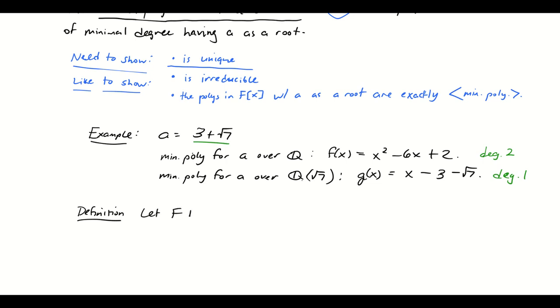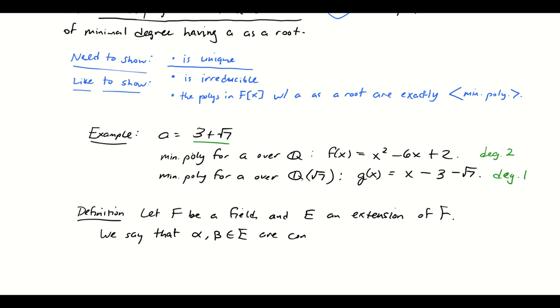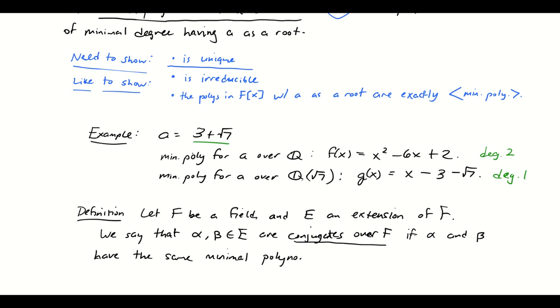So let F be a field and E an extension of F. We say that alpha and beta, elements of E, are conjugates over F if alpha and beta have the same minimal polynomial over F.